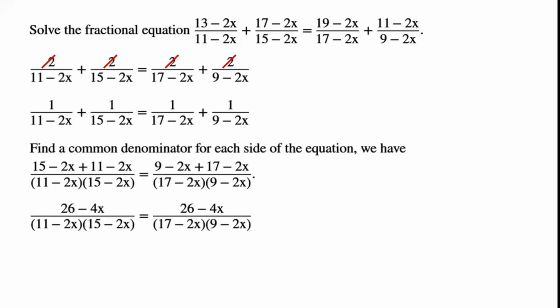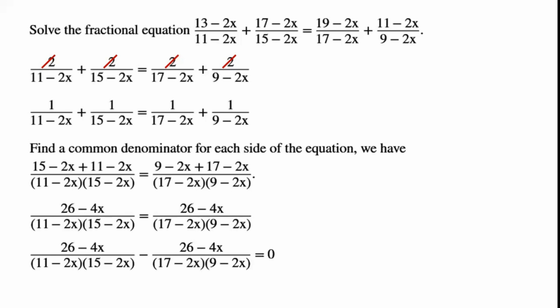By simplifying the equation, we can now write 26 - 4x for the numerator on the left-hand side of the equation, and we can now write 26 - 4x for the numerator on the right-hand side of the equation.